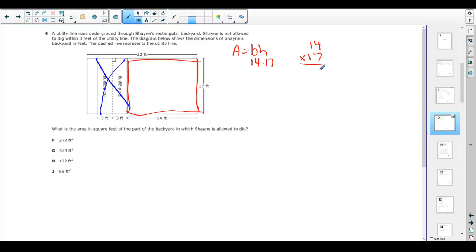Work that out. That's 238. Right there, that eliminates a couple answers because we know it's going to be more than that. Then we need to figure out this little bitty part here.